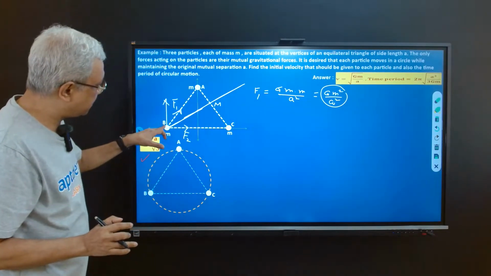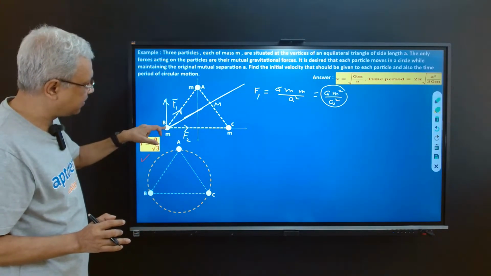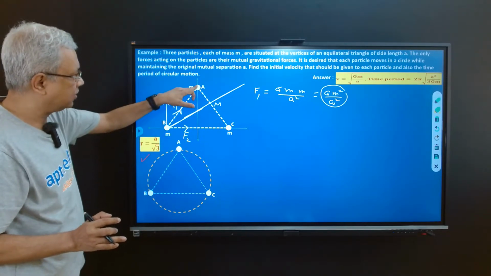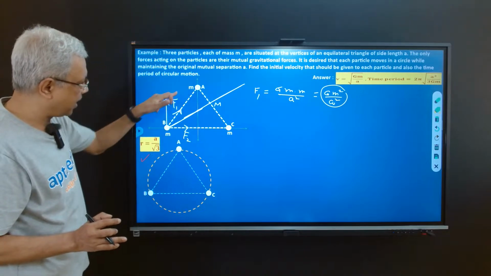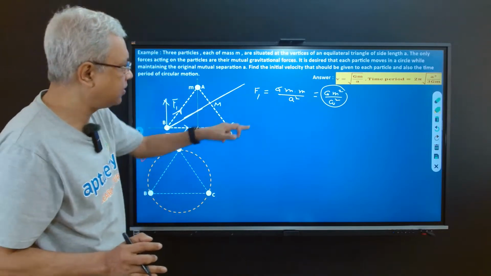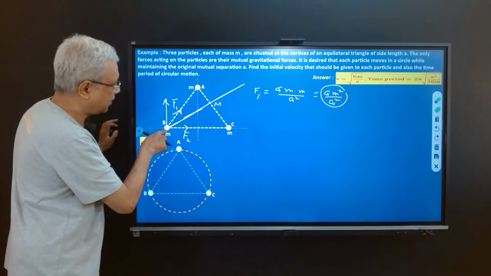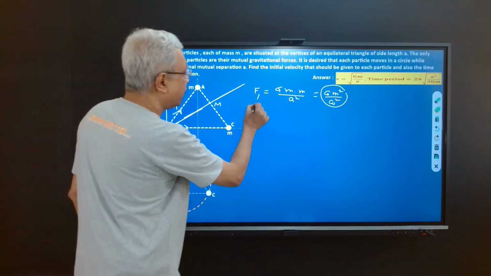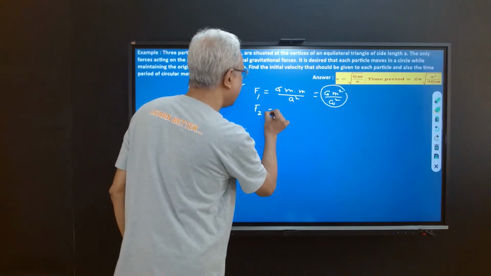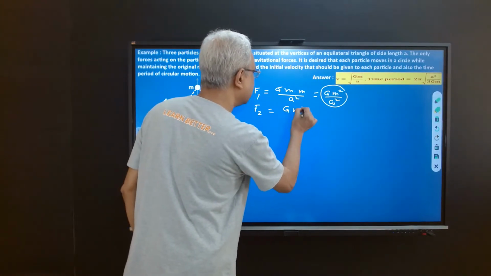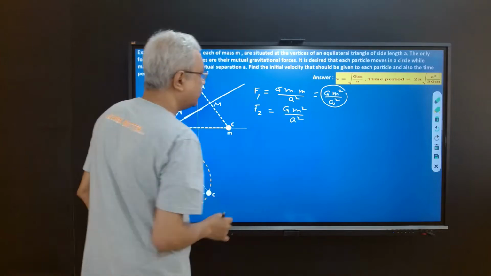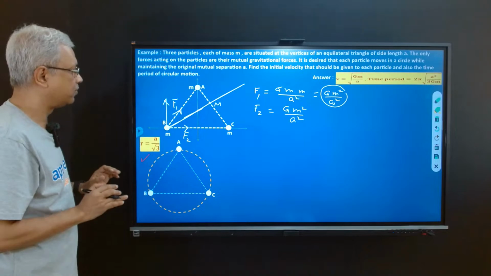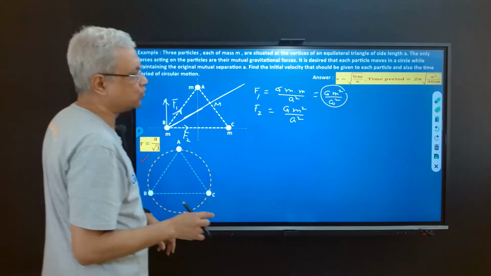So point B, or the mass at B, is experiencing two gravitational forces, one due to the presence of A along this direction, which I call F1, and another force in this direction, which I call F2. And the value of F2 is again G m square by a square. So I want to add the forces F1 and F2, vector sum. So what do I do?